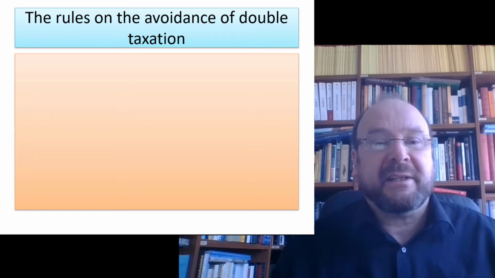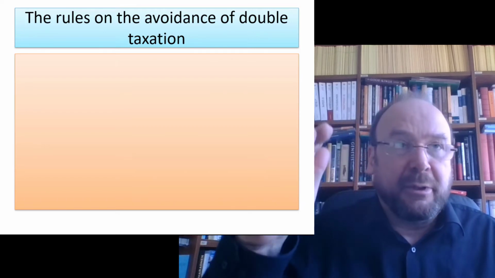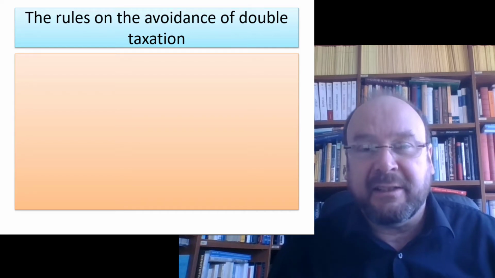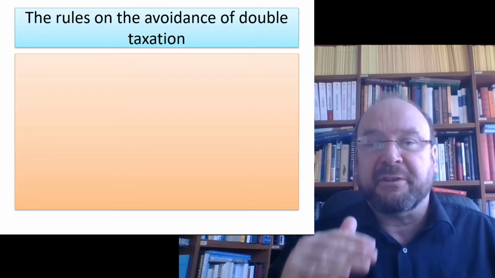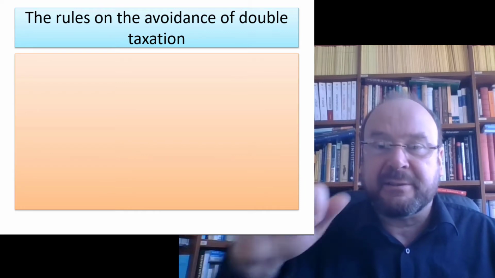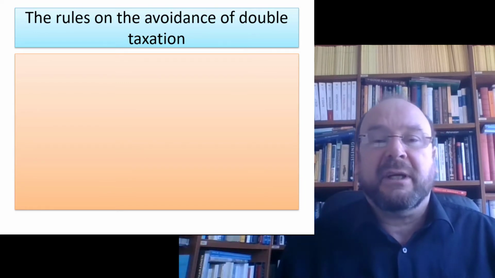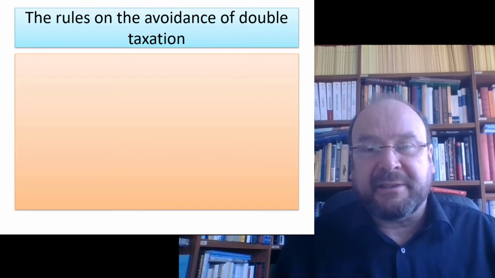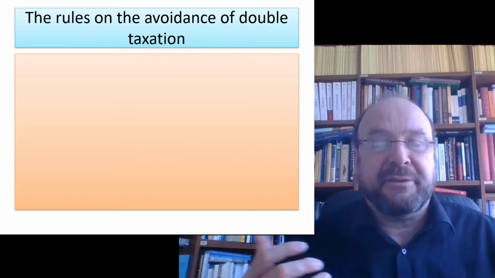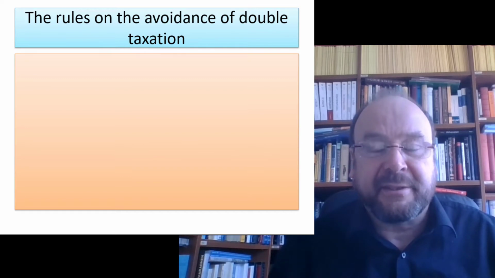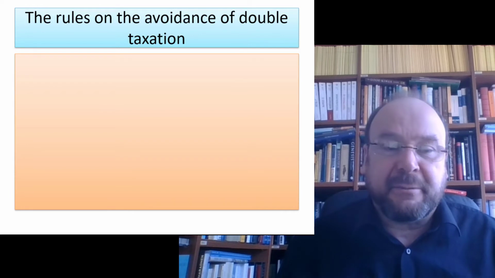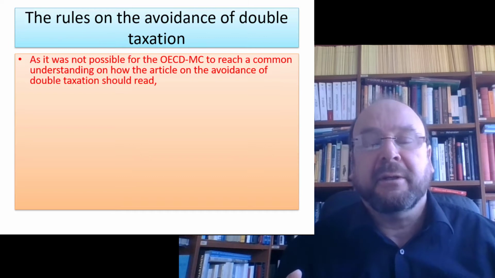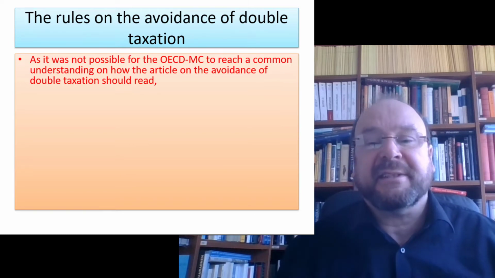And now the OECD had the problem. They could propose a draft version for a model convention which found the agreement of all states involved. Article 6, Article 7, that was where everybody agreed. But with the double taxation avoidance article, two groups could never be reconciled. And in the end, the OECD said, well, as it is not possible for us to find a solution which satisfies everybody, we don't find a unanimous consent.